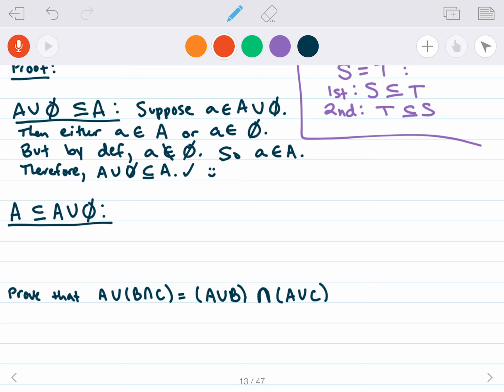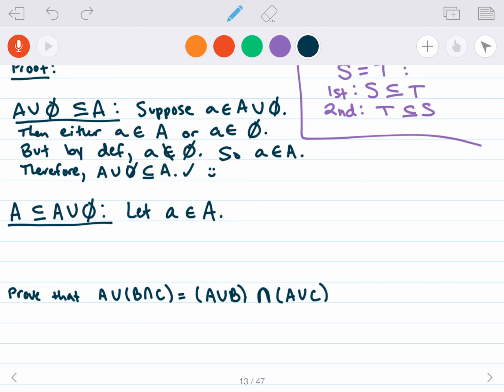All right, so here's the next one. A is contained in A union empty. We need to show that something here ends up here. So let little a be in A. This is a different part of the proof, so we're starting over again. We want to show that it's in here. I try to avoid the word trivial, but what does it mean to be in A union empty set?